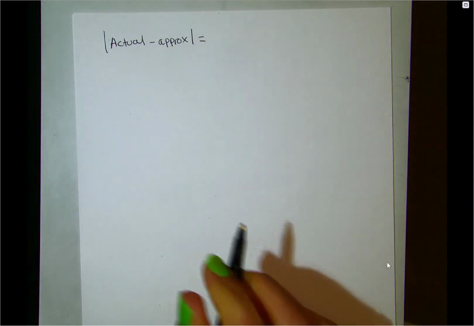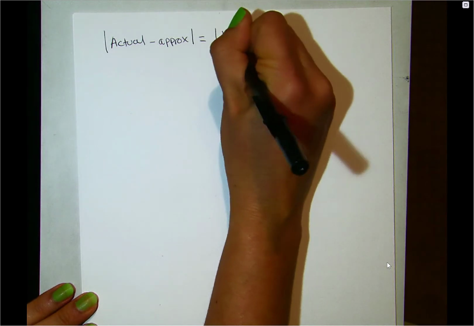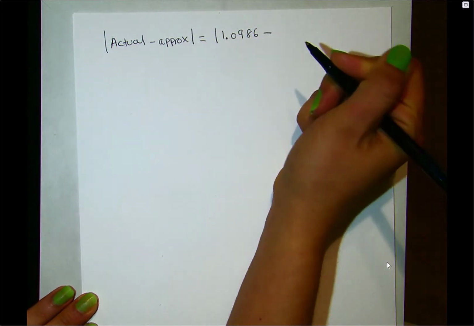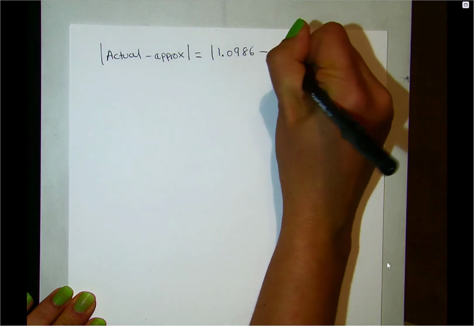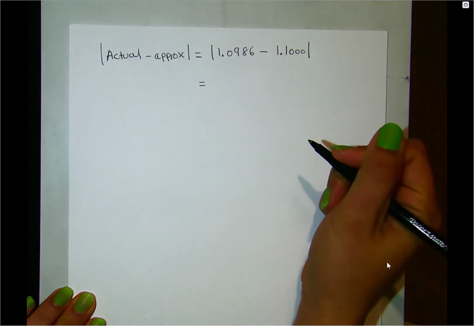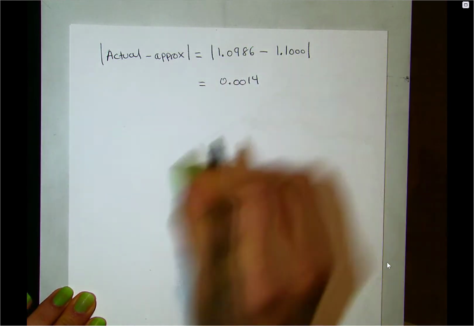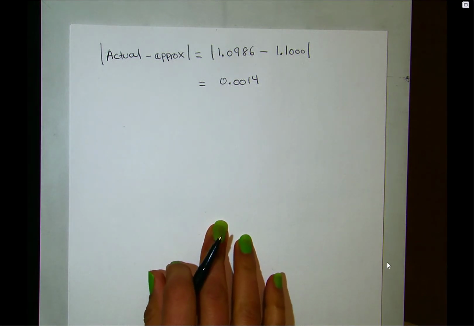Our actual, when we did the integral, was 1.0986, and for Simpson's rule our approximation is 1.1000. So this gives us 0.0014.